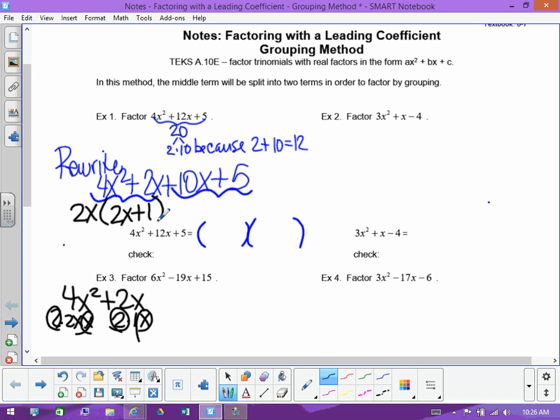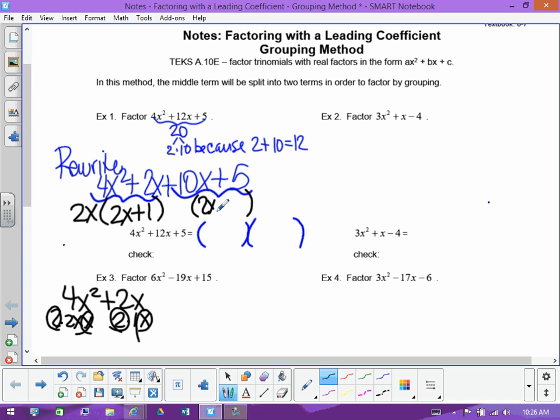This is what we did, greatest common factor first. If you're not looking at me or your paper, you should be. Okay, so let me give you a little hint here. This one right here has to have the same thing in parentheses. We had 2x plus 1.